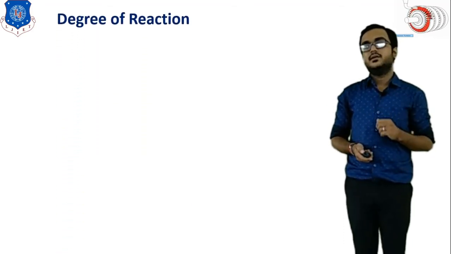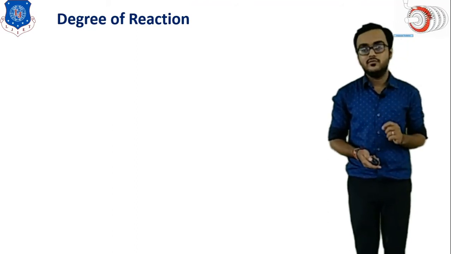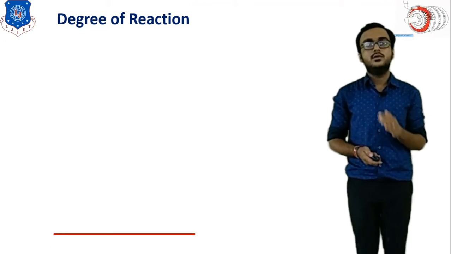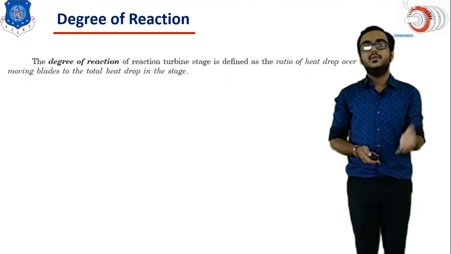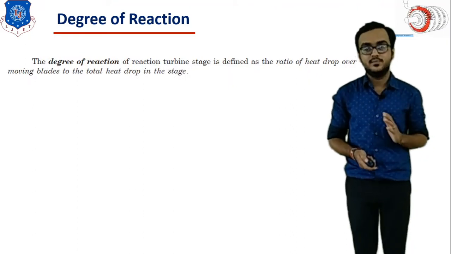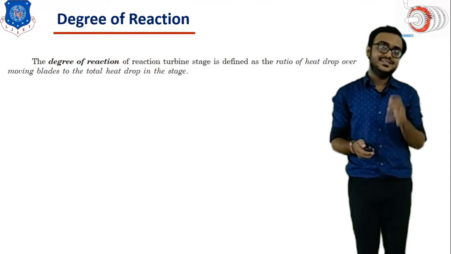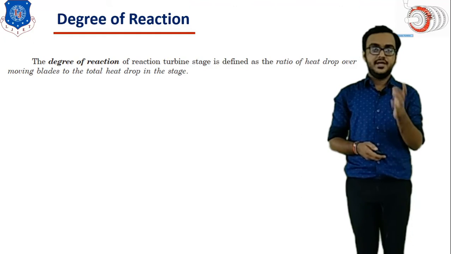The degree of reaction is the ratio of heat drop across the moving blade to the heat drop across the moving blade plus across the fixed blade. We know that the turbine is an assembly of fixed blades as well as moving blades, particularly in a reaction turbine.